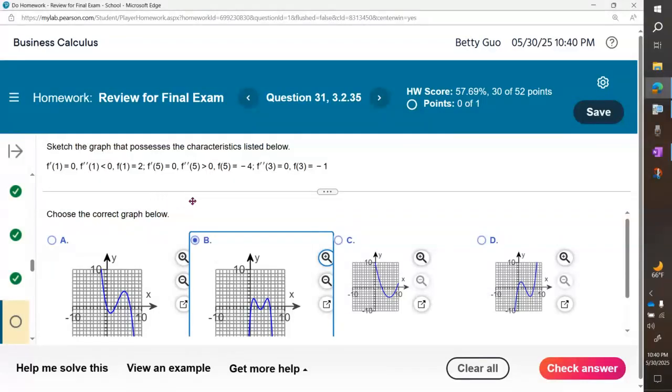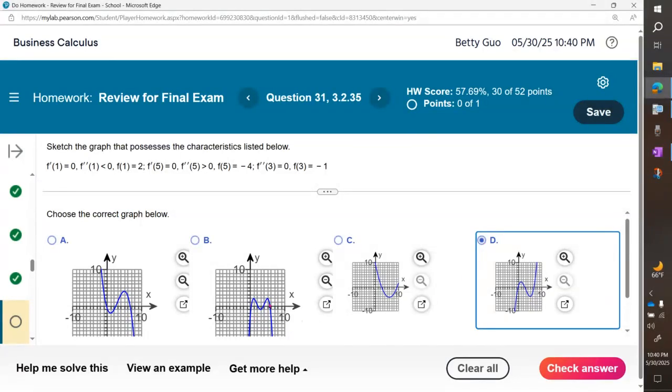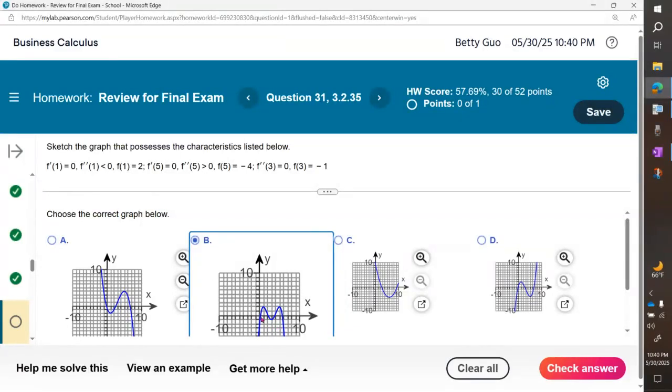At 5, slope is 0, concave up as well. At 5, concave up, that means 5 is a minimum. So it has a minimum at 5. Okay, this question, I need to make this one bigger. 1, 2, 3, 4, 5.